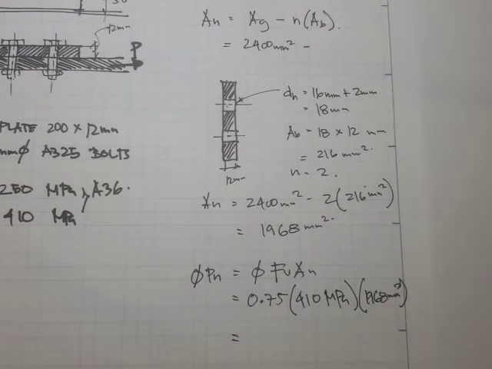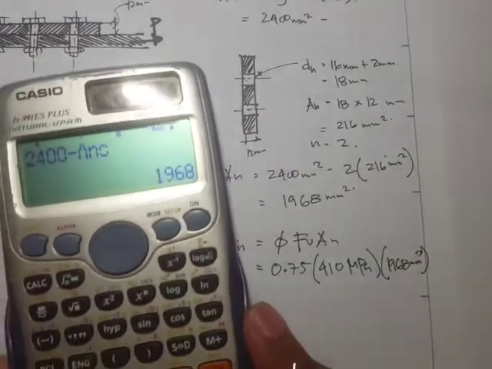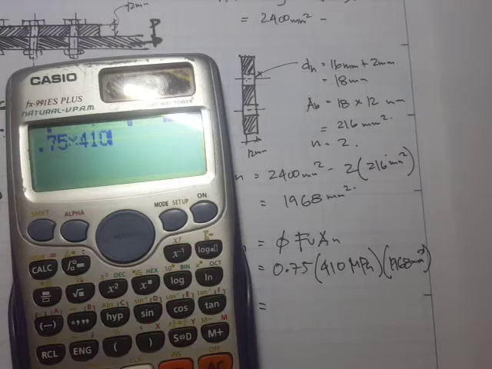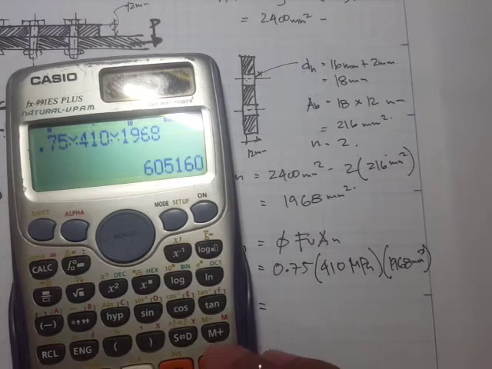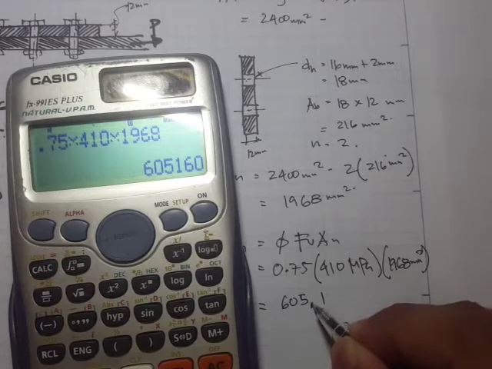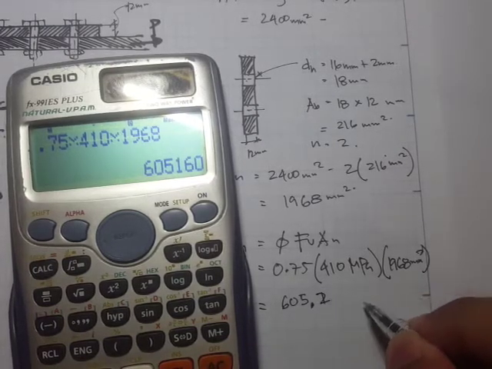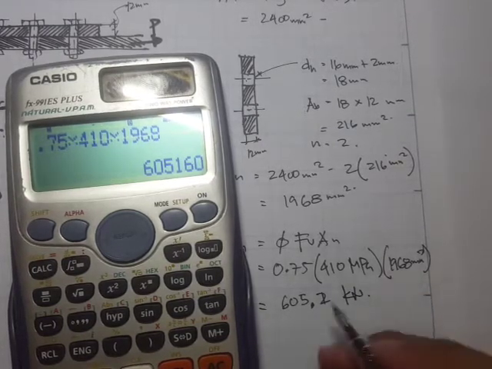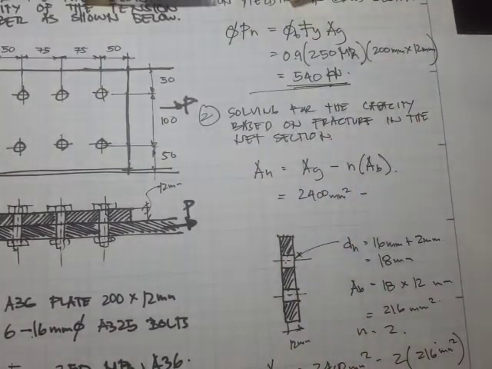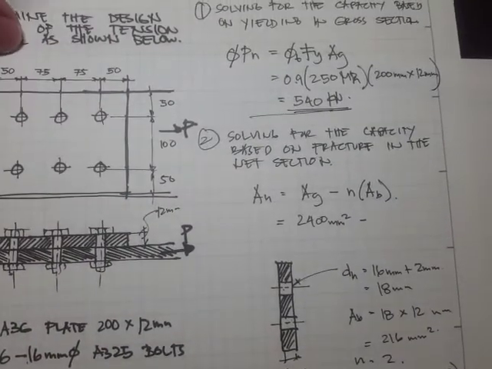To solve that, 0.75 times 410 times 1968 is 605.2 kilonewtons. So this is our answer for the two limit states.